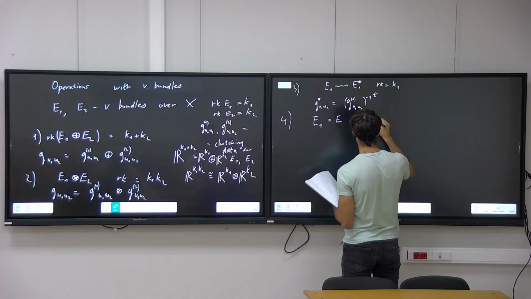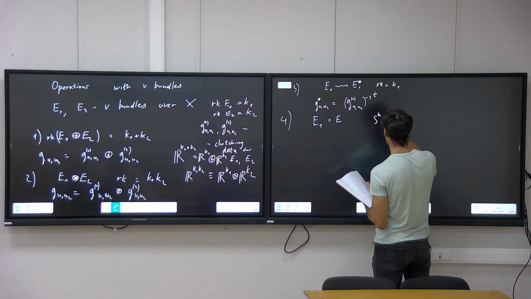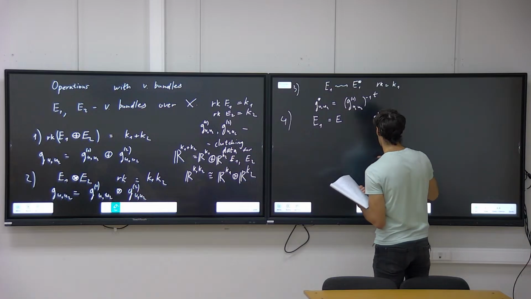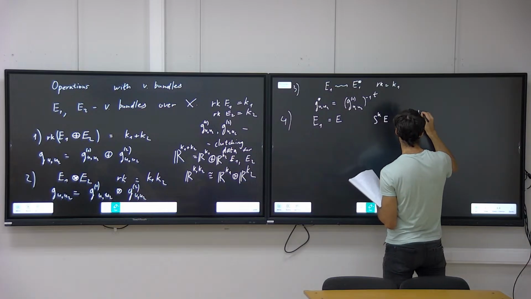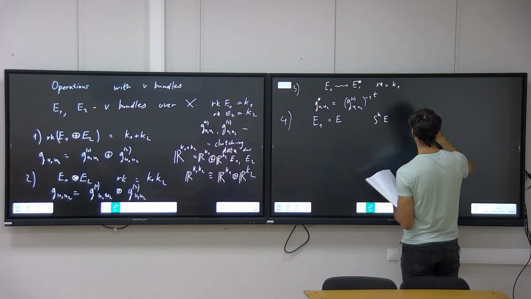So what I want is to consider the kth symmetric power of E, it's another example, and the kth exterior power of E.